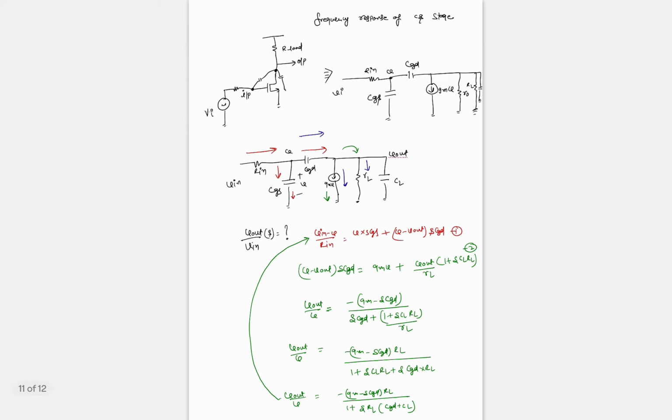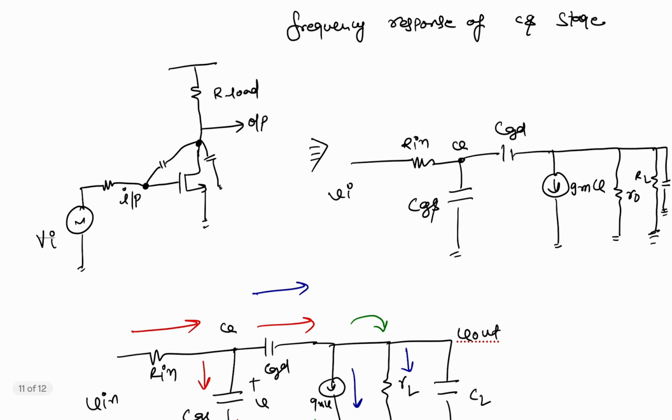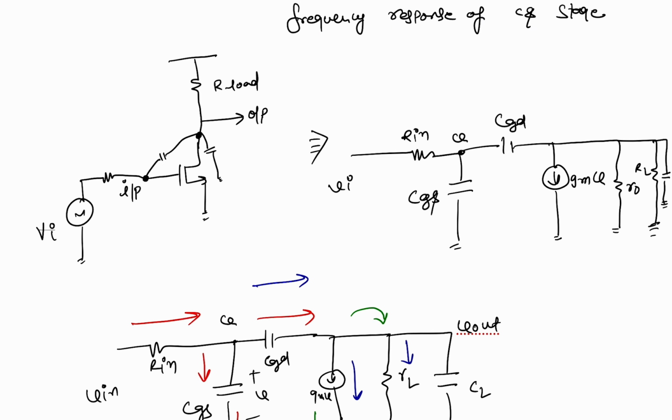And how will the zero form? The zero forms through this stage. There are two paths from input to output. One is from here, and the other one is from here to here.